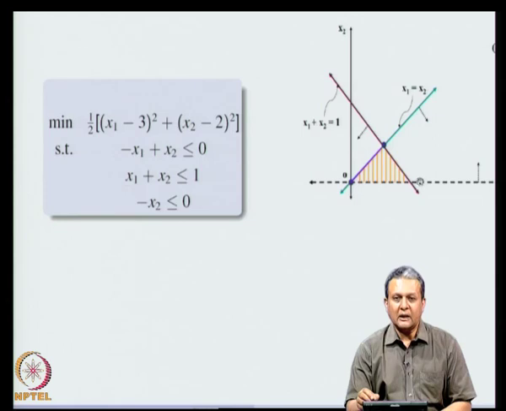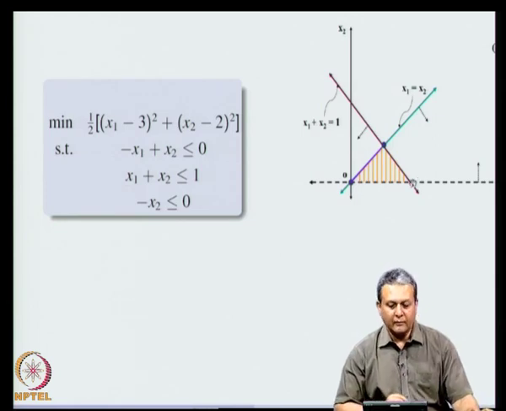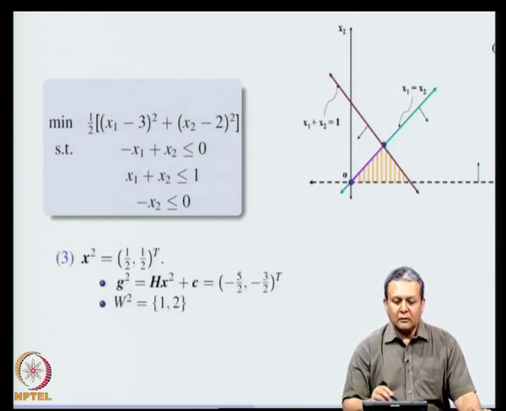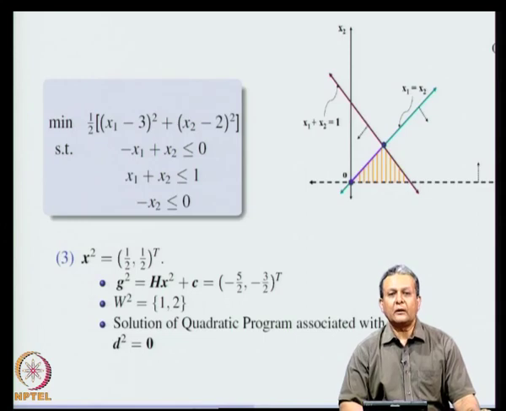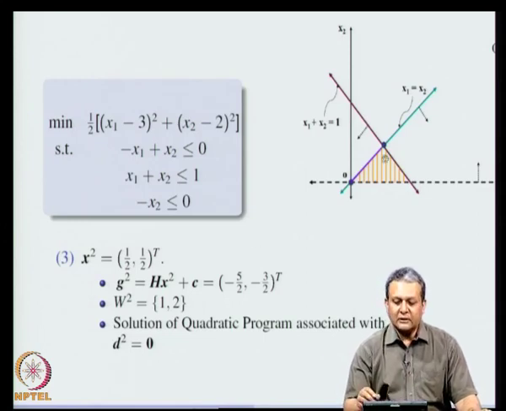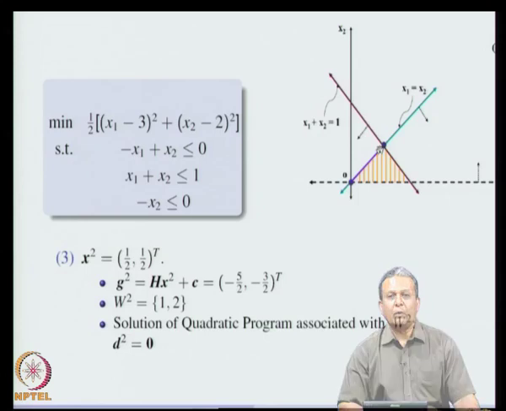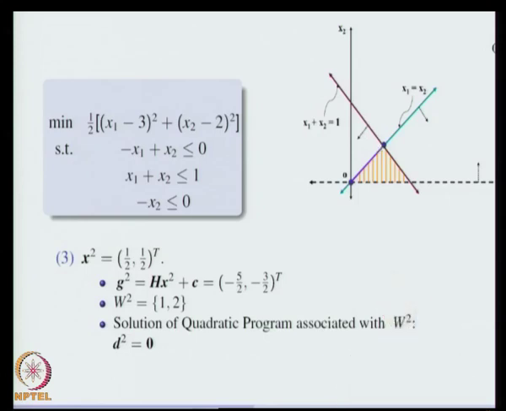The third constraint is inactive, shown by the dotted line. Again, with respect to this working set, if we solve the problem to get d 2, you will see that d 2 is equal to 0. That is obvious because in two dimensional space two non-parallel lines intersect at a point, and that is the only feasible point. So, there is no direction that we can find to improve the objective function.